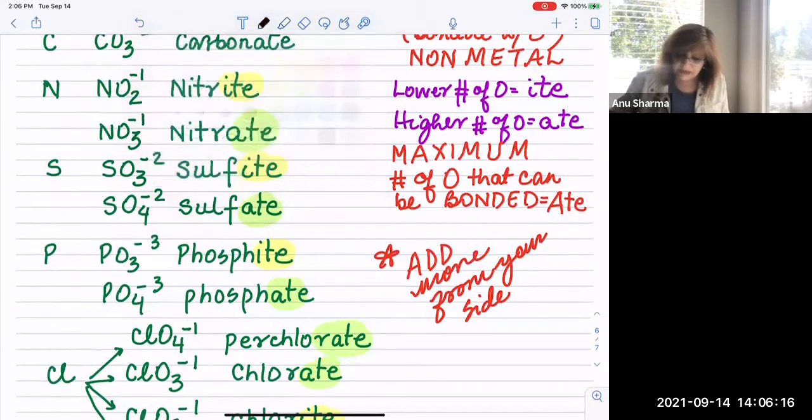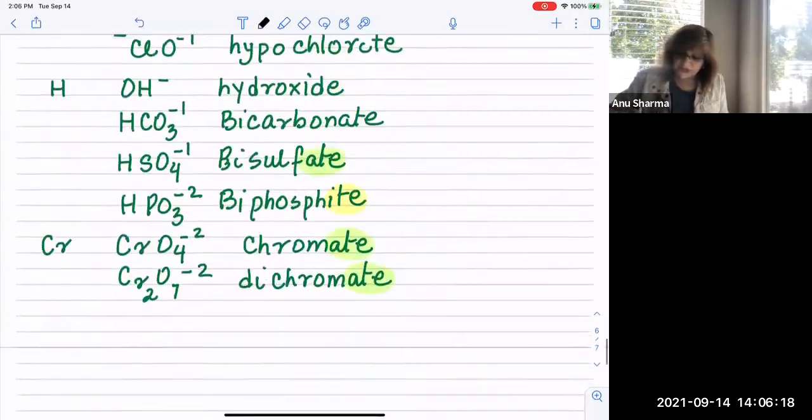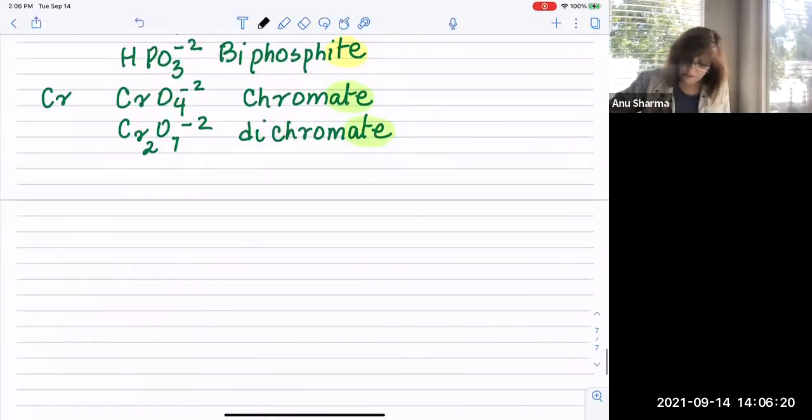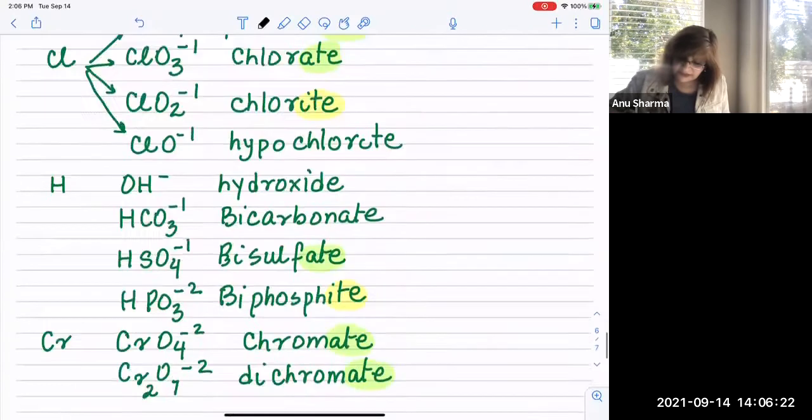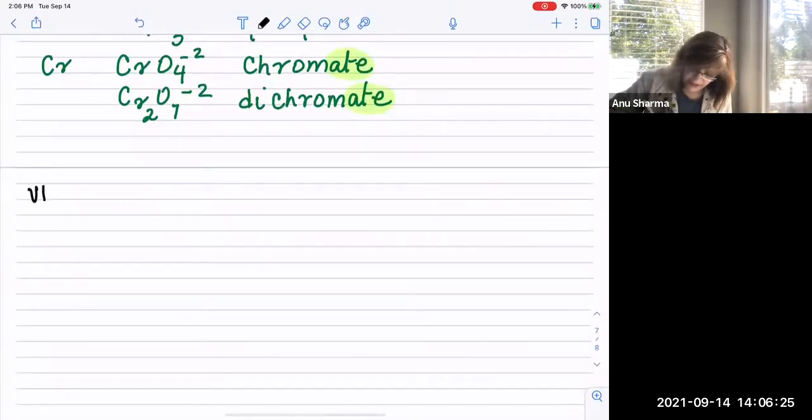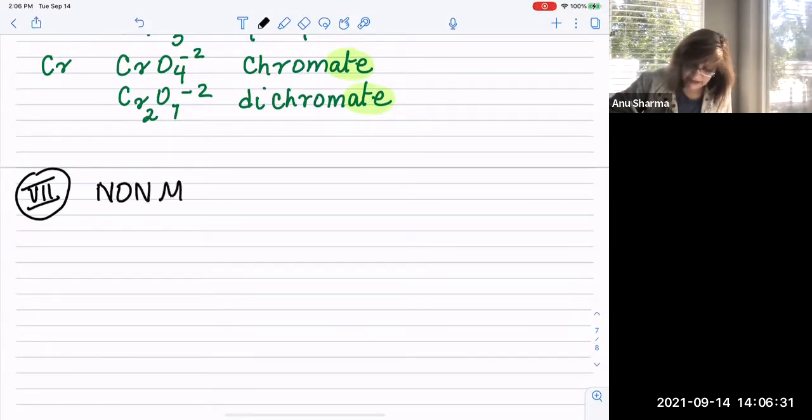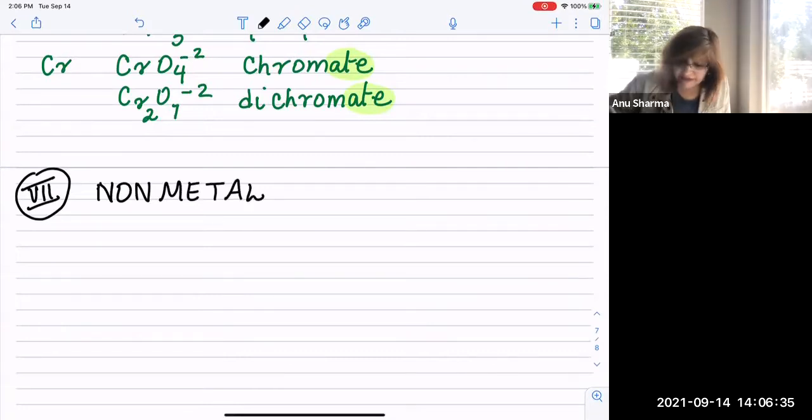And then one last piece is naming the non-metals, when the non-metals combine by themselves, without charges.